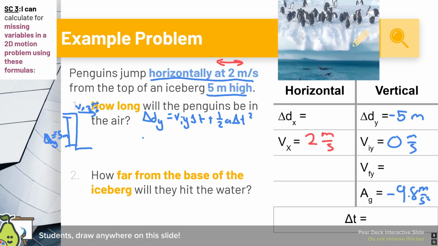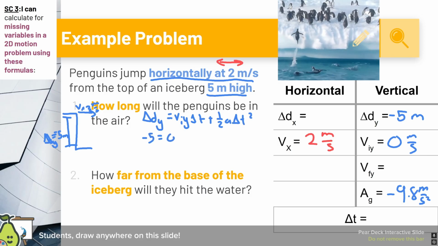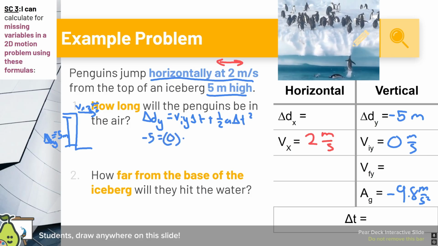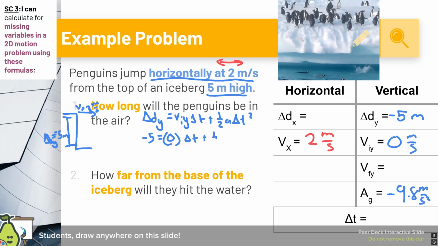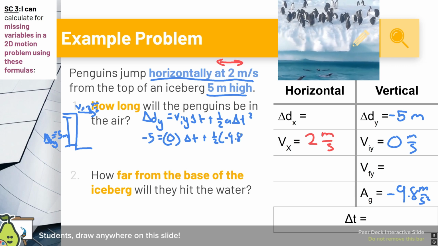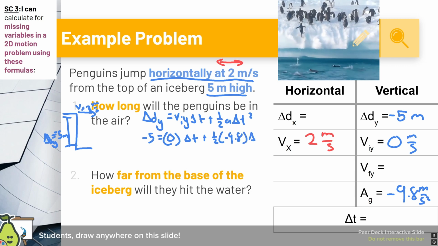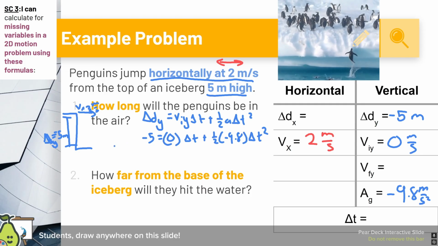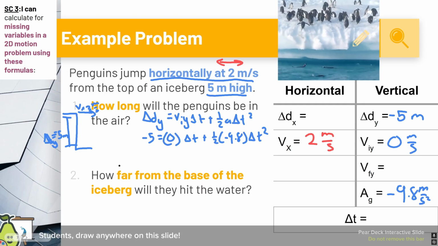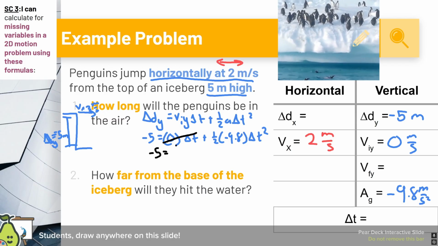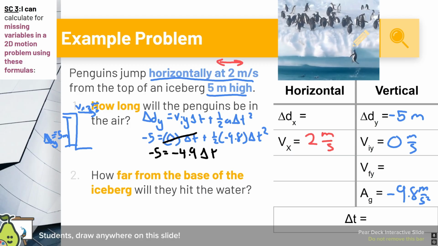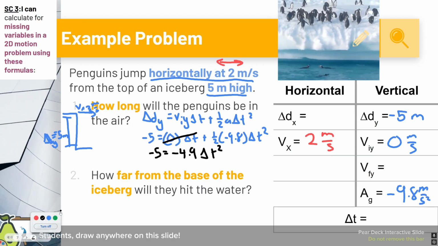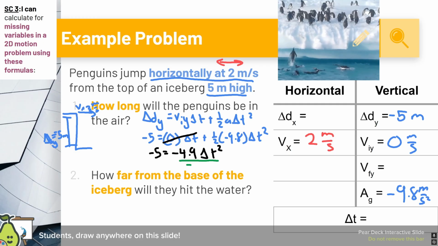So from here, we got -5 is equal to 0 times time plus 1/2 times -9.8 times time squared. From here, we just got to do the math. Start canceling things out. 0 times time becomes -5 is equal to -4.9 times t squared. From here, to cancel out the 4.9, we got to divide it to both sides.